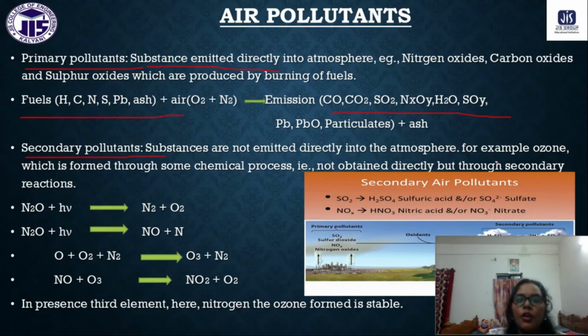Like ozone: ozone is important in the stratosphere, but in the troposphere, due to our work, ozone is created, and it is harmful for us there. While ozone in the stratosphere is beneficial for us, in the troposphere it becomes a pollutant.